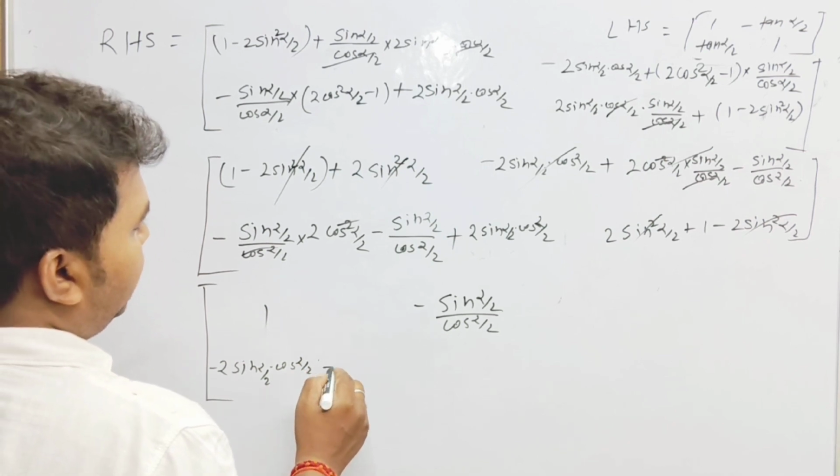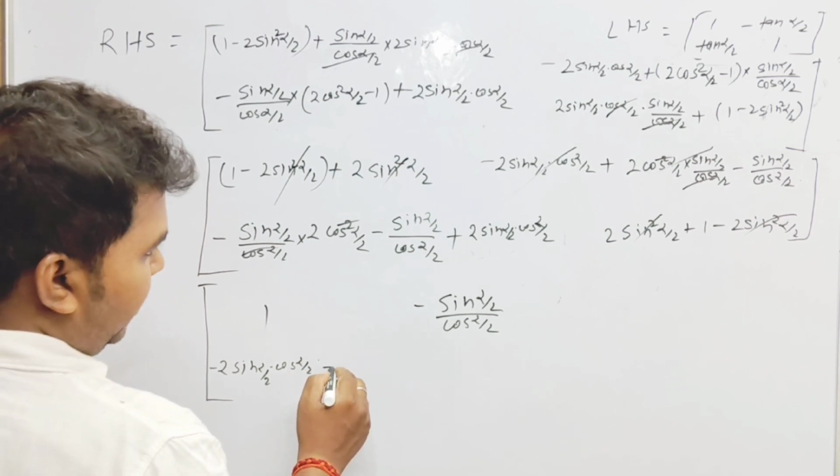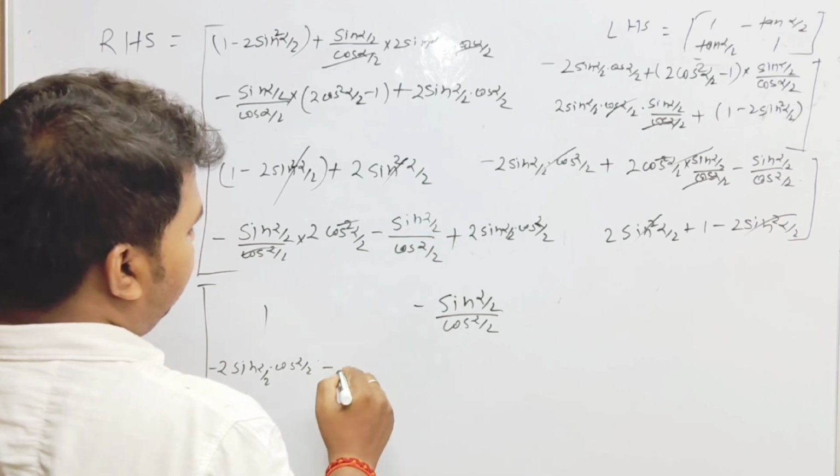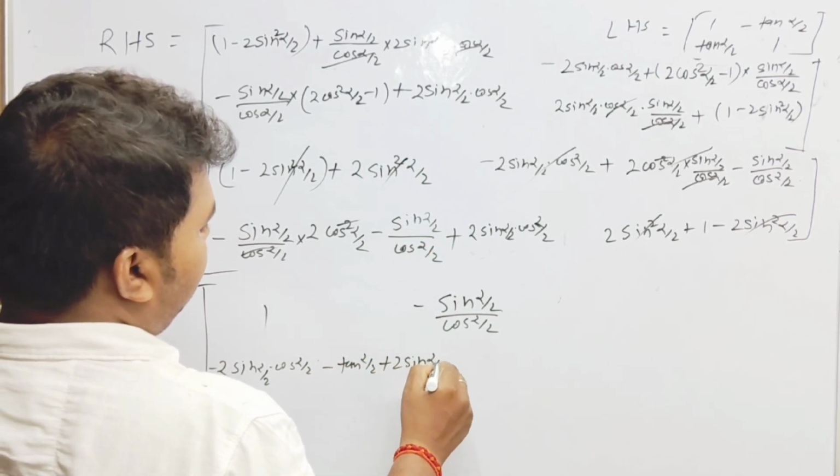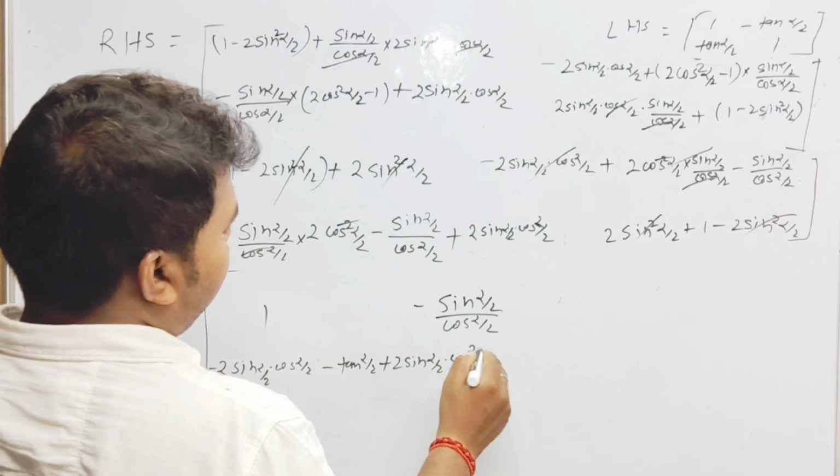Okay, and minus, we can write tan alpha by 2, and then plus 2 sin alpha by 2 into cos alpha by 2.